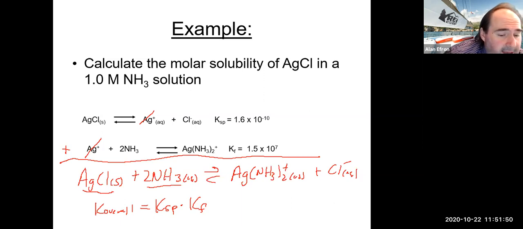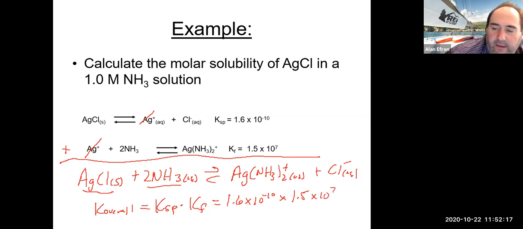You can multiply different types of equilibrium constants together because ultimately they're all calculated the same way. So in this case, we multiply those K's together. Again, a reminder: when we add equations together, we multiply the K values, not add them.